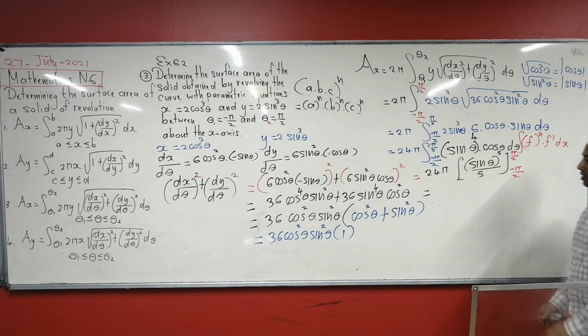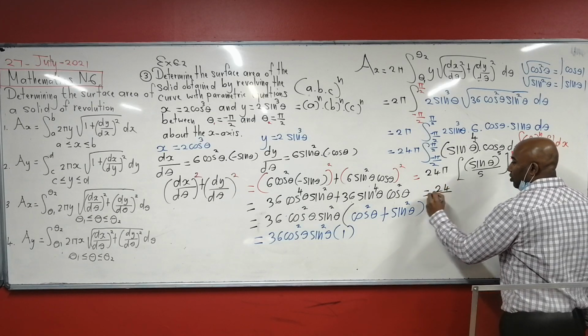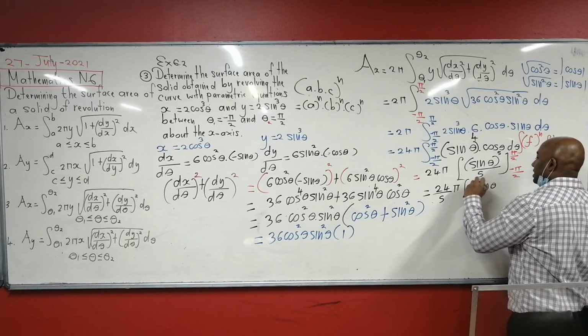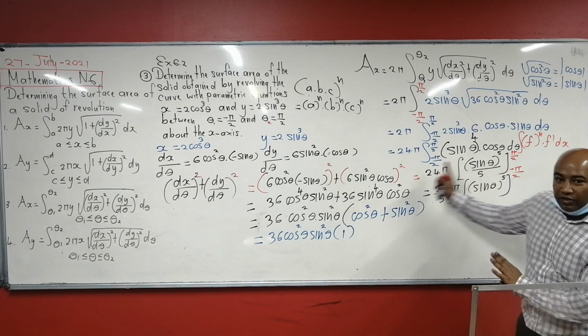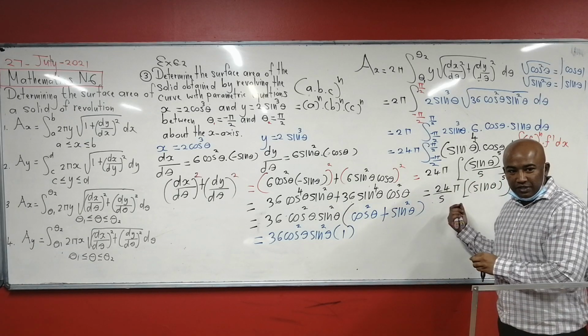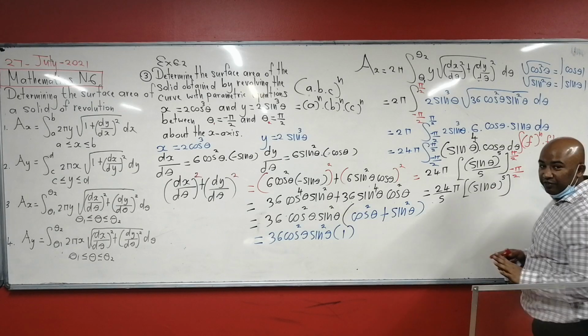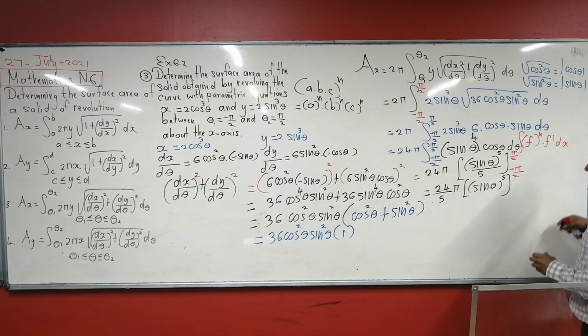So what am I going to do now? Let me just take out this 1 over 5 to make it easier for substitution. So that's 24 over 5 pi, and then I got sine theta to the power 5. So you can remove the constant before actually substituting. Alright, but it's up to you. If you're not comfortable with doing this, then you do it how you always do, by leaving it there.